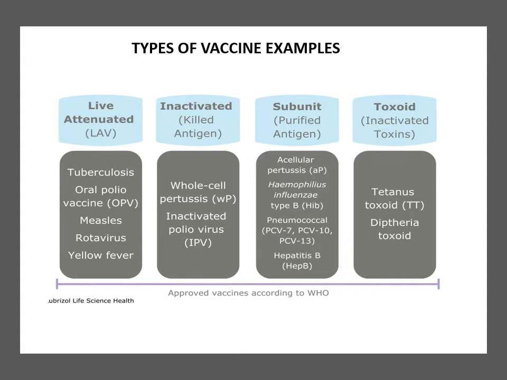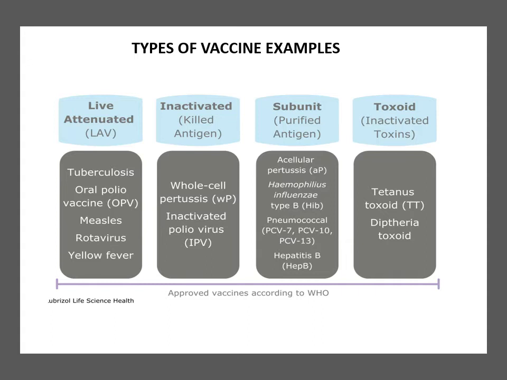Inactivated, meaning we've taken the bacteria or the virus and we've killed it. We've just inactivated it completely. Okay. Subunits means it's just been chopped up, and the subunits are now being put into a vaccine to be injected into patients.